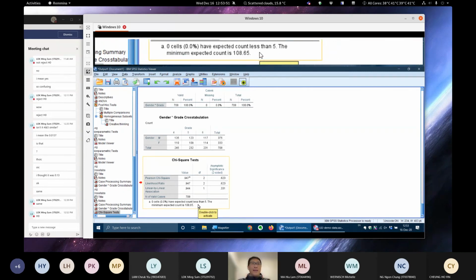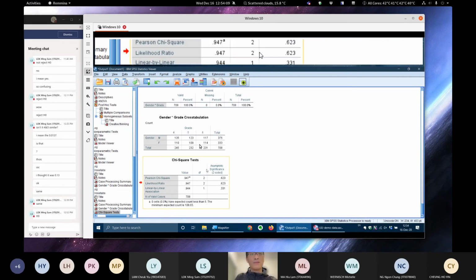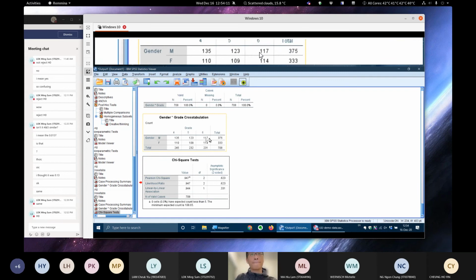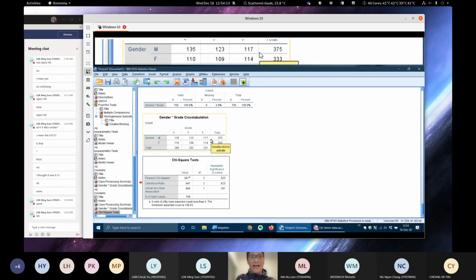Now, one more thing about the chi-square test. Down here, below the table, you see a remark. The remark is very important. Here it says that 0% have expected count less than 5. What does it mean? It means that in this cross tabulation table, you see my frequencies, all the numbers are quite large.